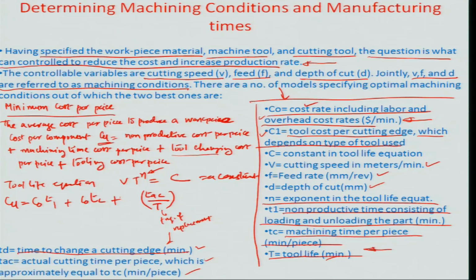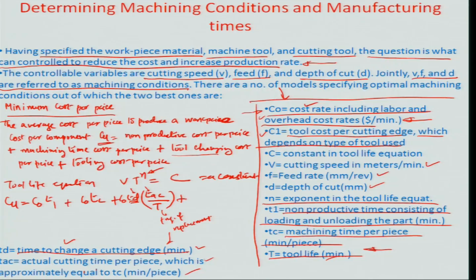And this can be bundled up with the time actually needed to change the tool, the cutting edge. So this frequency times the time per tool makes the overall time of cutting edge changing or tool changing, and during that time the cost rate of the labor again is assumed to be C0.